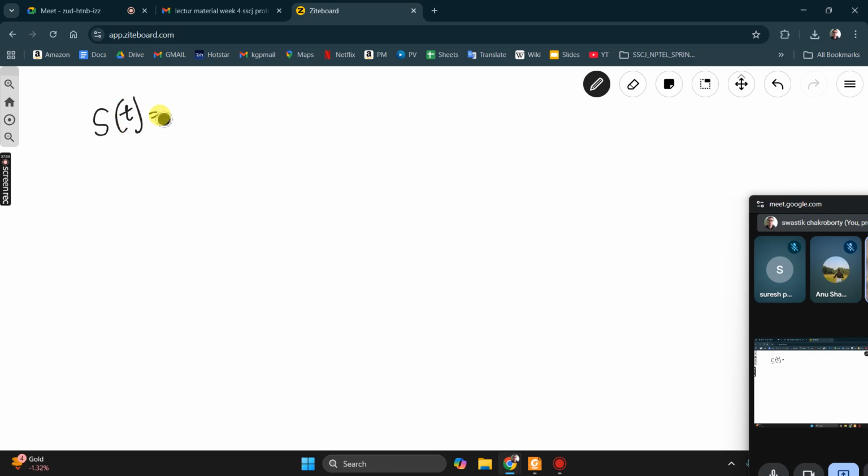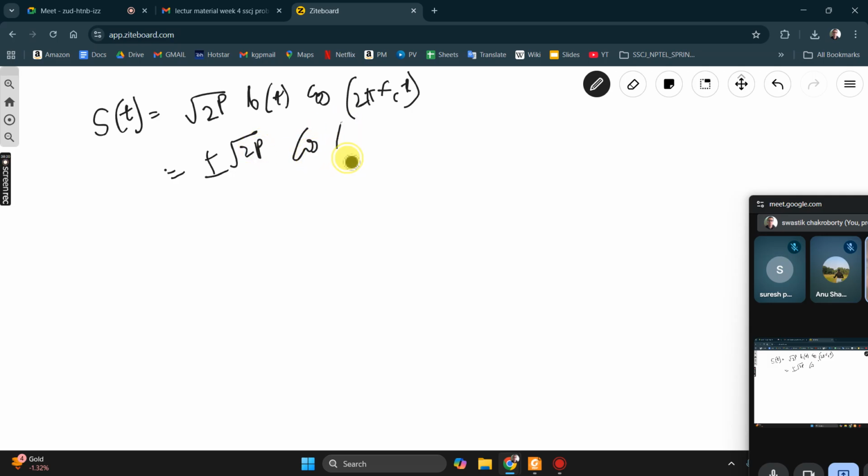Now this ST, let's write it in a better way, you can write it as plus minus root 2P cos 2 pi fct, because BT is plus minus 1. And what is the jamming signal JT? It is amplitude A and same tone.